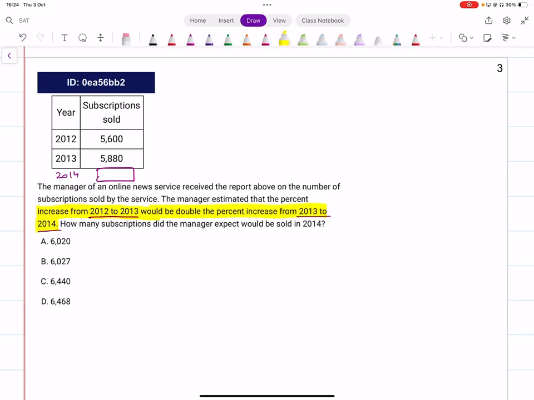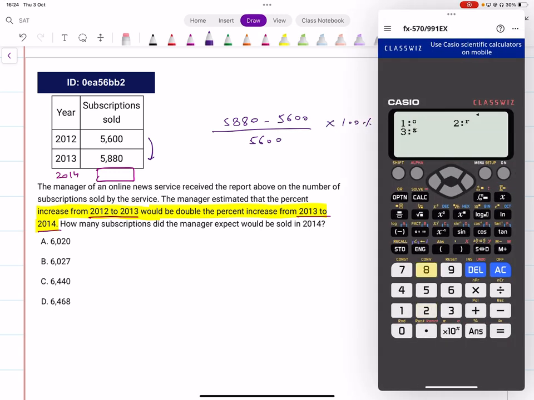Okay, let's first find this percentage increase. How do you find this percentage increase? New value minus the old value divided by the old value. What's this percentage increase? 280. 280 divided by 5600 multiplied by 100%, that is 5%.